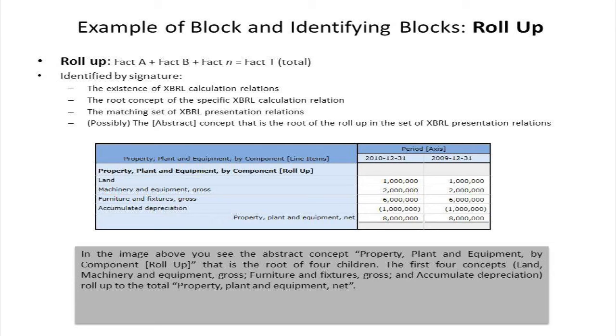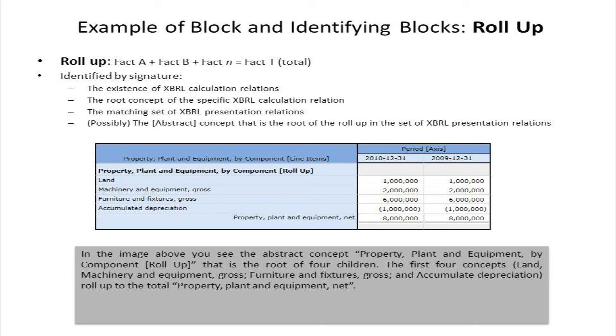You're also likely going to have a matching set of XBRL presentation relations, and those are generally represented in a common way, a list of concepts. You could possibly have a root concept that is used to organize those individual concepts that roll up to the total.